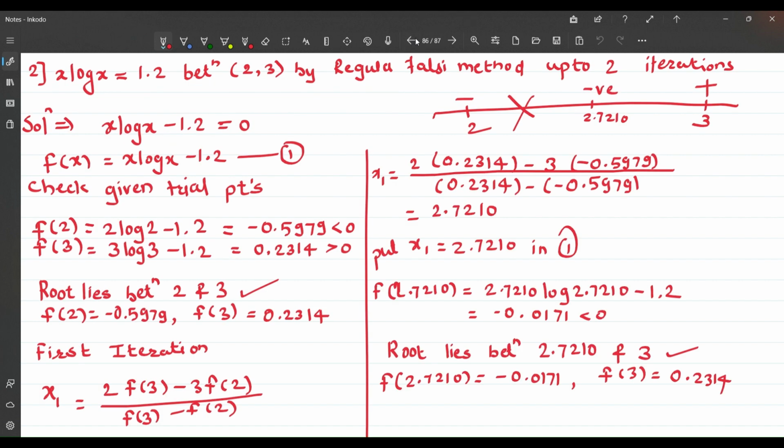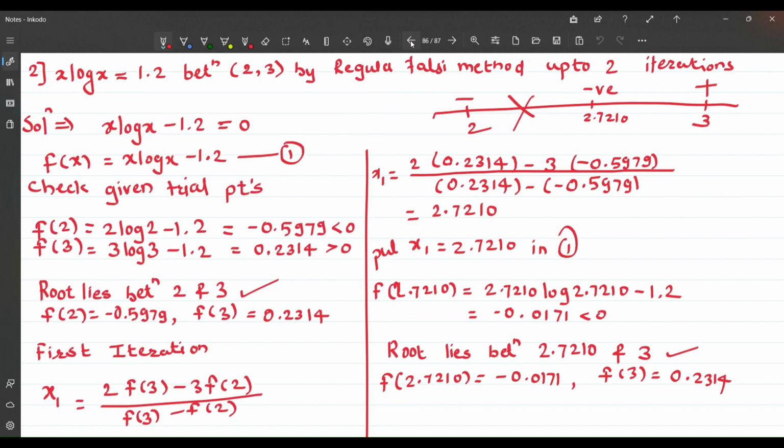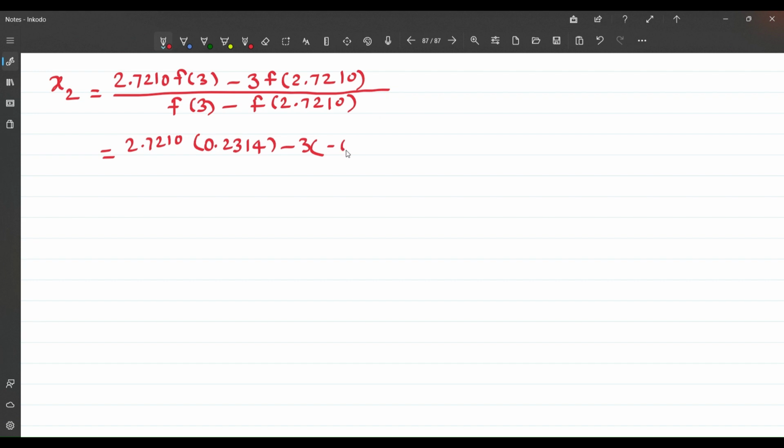From the previous step, f of 3 is 0.2314, 0.2314 minus 3 into f of 2.7210, which is minus 0.0171.